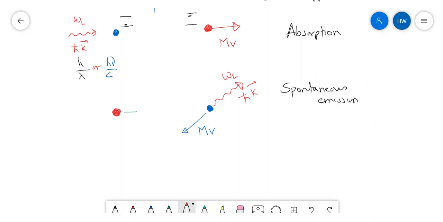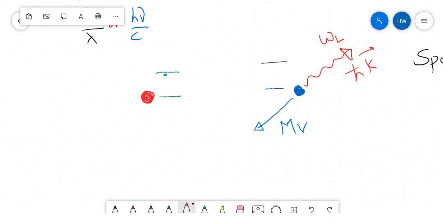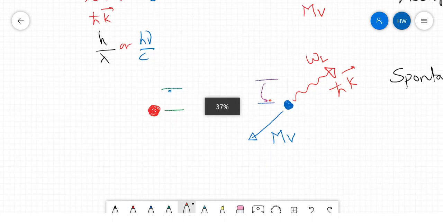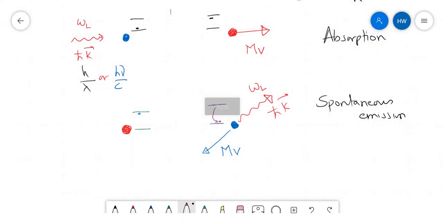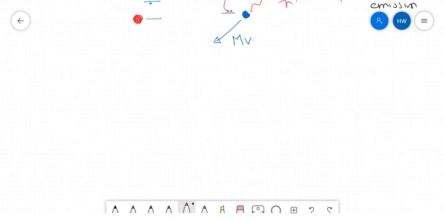Whereas in this situation, the electron was in the excited state to begin with, came down to the ground state, and the photon is released. So this is essentially the summary of what is happening. The internal degrees of freedom are actually affecting the external degrees of freedom of the atom. Now let's look at this recoil velocity, v recoil.